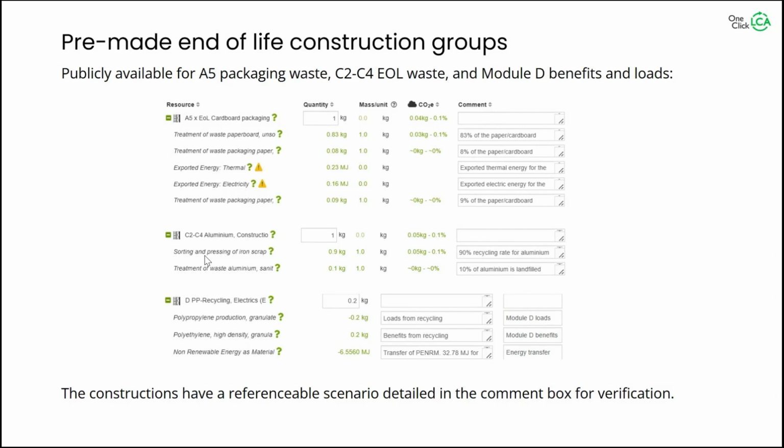On the screen, for example, I have the A5 scenario for cardboard packaging, and it's made for 1 kilo of cardboard, and you can scale it up and down to however much cardboard you have in your LCA. Inside it, it has a predefined, referenceable scenario, which is detailed in the comment fields.